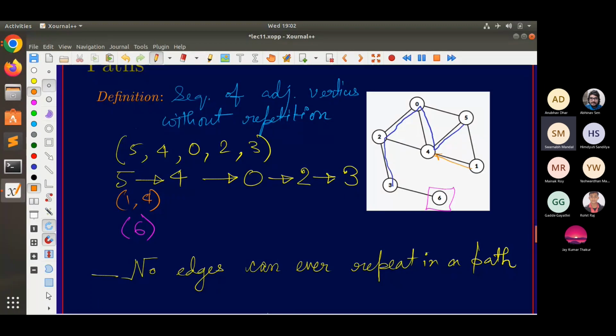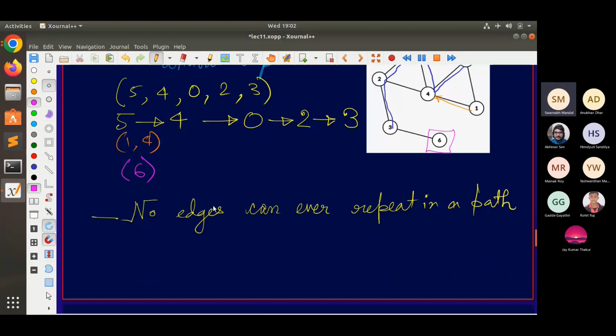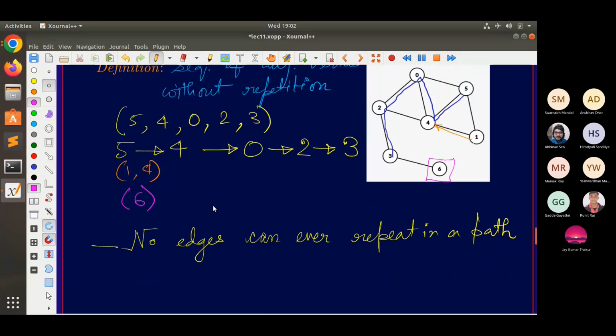If an edge is repeated, we will reach a node which we have already covered. Exactly. For example, if you want to repeat the edge 5 to 4, you can repeat it in two ways. One way is the second occurrence is 4 to 5. In that case, the node 5 will be occurring twice.